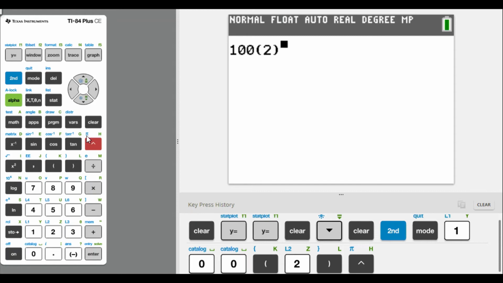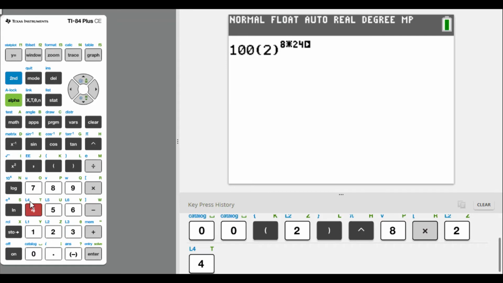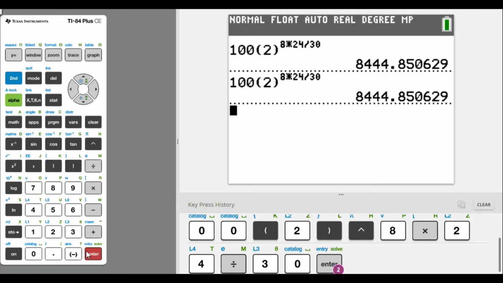So 8 times 24, because 8 is the number of days, but we need to convert to hours. So we take 8 times 24, that's total number of hours, divided by 30, because we're doubling not every hour, but every 30 hours. And with this, we type in the calculator, and this is what you write down in your notes for your work. Hit enter.